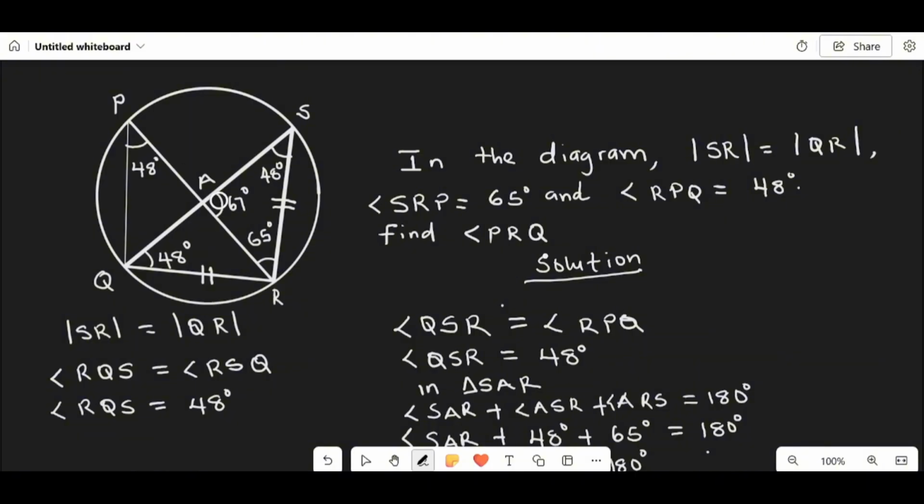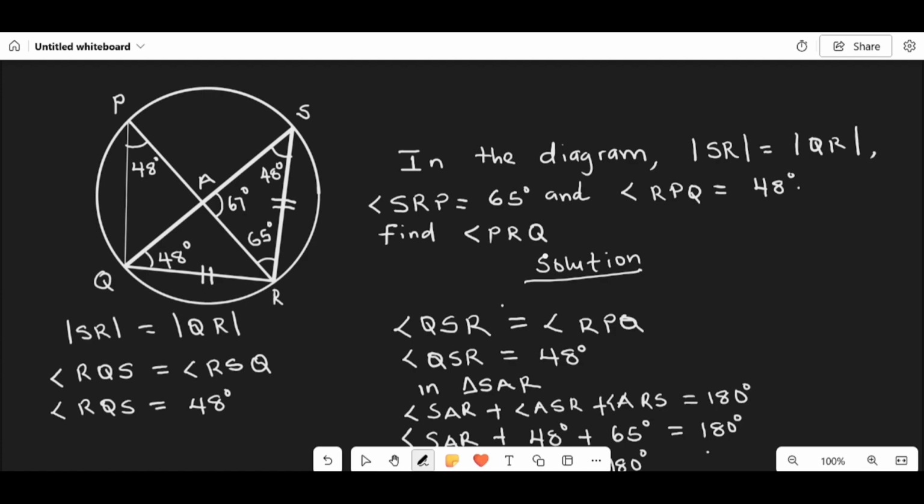Next, we want to consider this triangle AQR, and in this triangle AQR, the exterior angle for the triangle is our angle XAR, which is already calculated to be 67 degrees. And according to the exterior angle theorem, the measure of an exterior angle of a triangle is equal to the sum of the two remote interior angles.